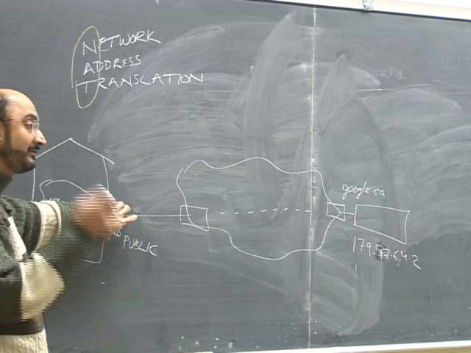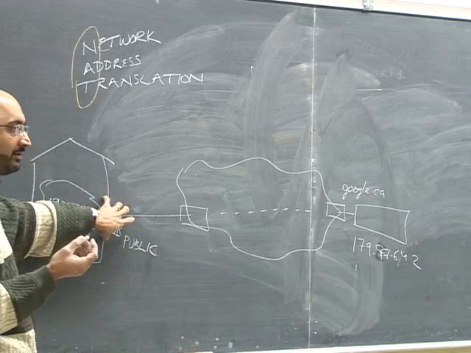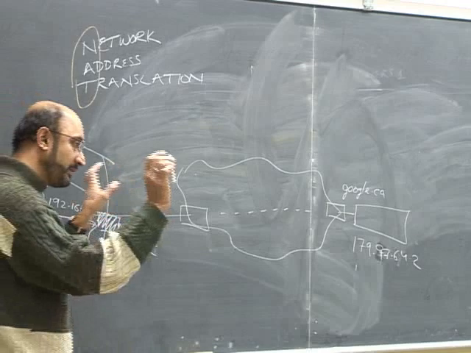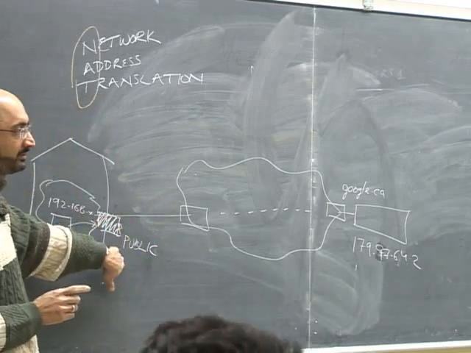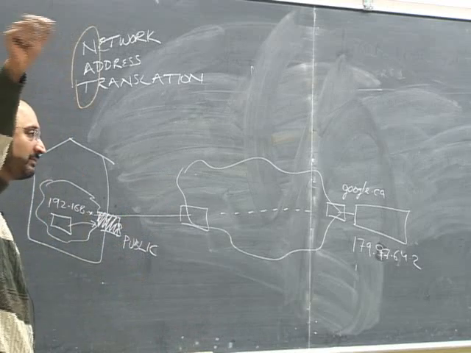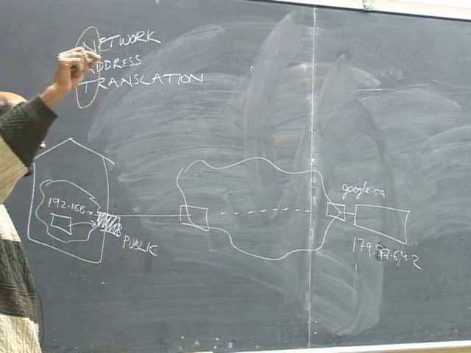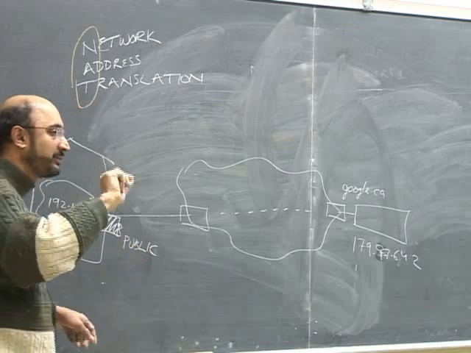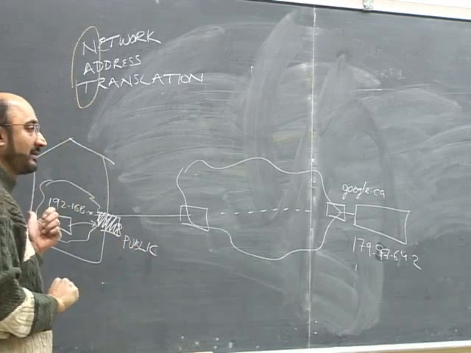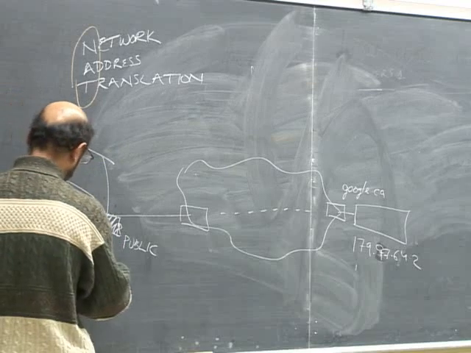What it does is it changes the source address. Well, don't worry about what it does. It changes the source address to this public address. And keeps a little table somewhere saying, I got this message. If somebody replies to me with this mark on it, I put a special mark on it, I'm going to give it back to this guy because there may be more than one over here.